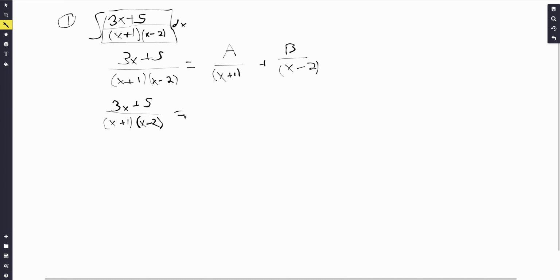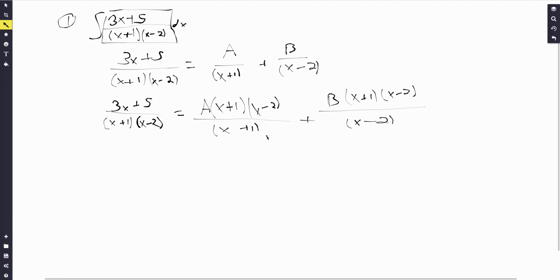And that will be equal to, now we have to multiply all this to the A's and the B's. So that would be like this: A times x plus 1 times x minus 2 divided by x plus 1, plus B times x plus 1 times x minus 2 divided by x minus 2.